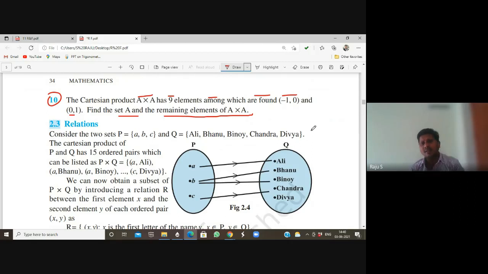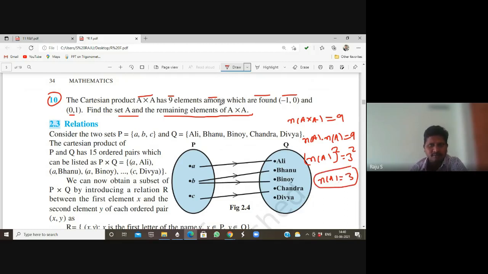So n of A cross A is n of A into n of A, which is equal to 9. So n of A, the whole square, is equal to 9. 9 is nothing but 3 square. Then n of A must be equal to 3. So A has 3 elements here.